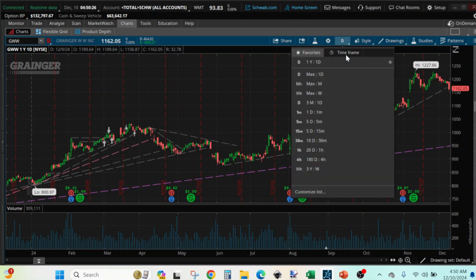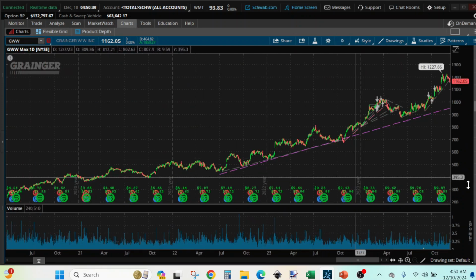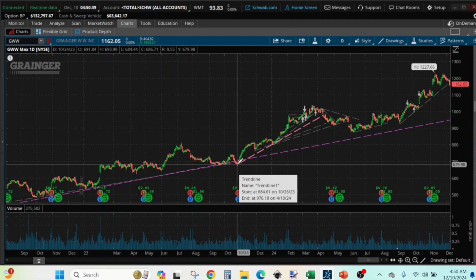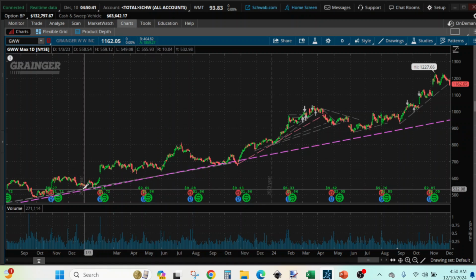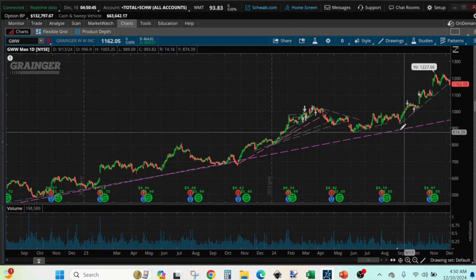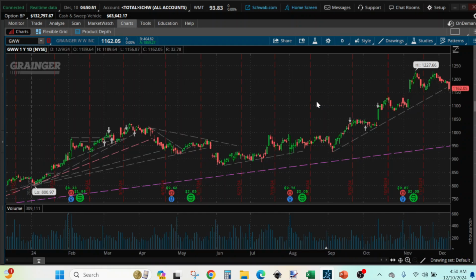Let's go to the maximum daily chart and let's zoom a little bit. Yeah, we have a touch point here. This one went below it, this one tried to come close but not so close. 1 year daily chart.